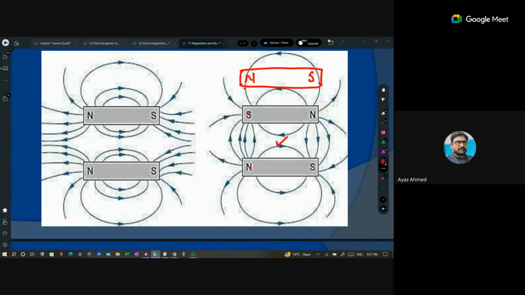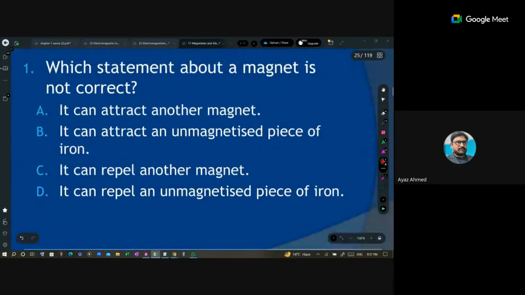In this way they contain the magnetic field lines. Otherwise, the field lines would not be available over here, so they will repel each other, and you cannot keep them closer. But here they will attract each other, and that's why we keep them in this way, right?